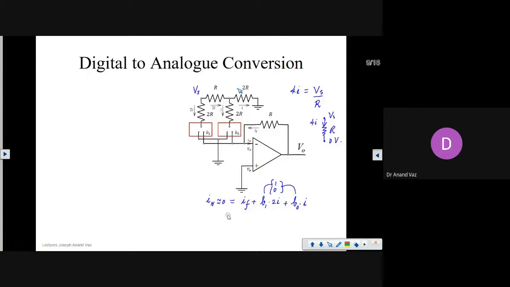What is the output voltage going to be? Let us see. So here you have 0, and this IF is V naught divided by R, because V naught minus Vn is 0. So V naught divided by R, plus, we'll arrange this slightly.